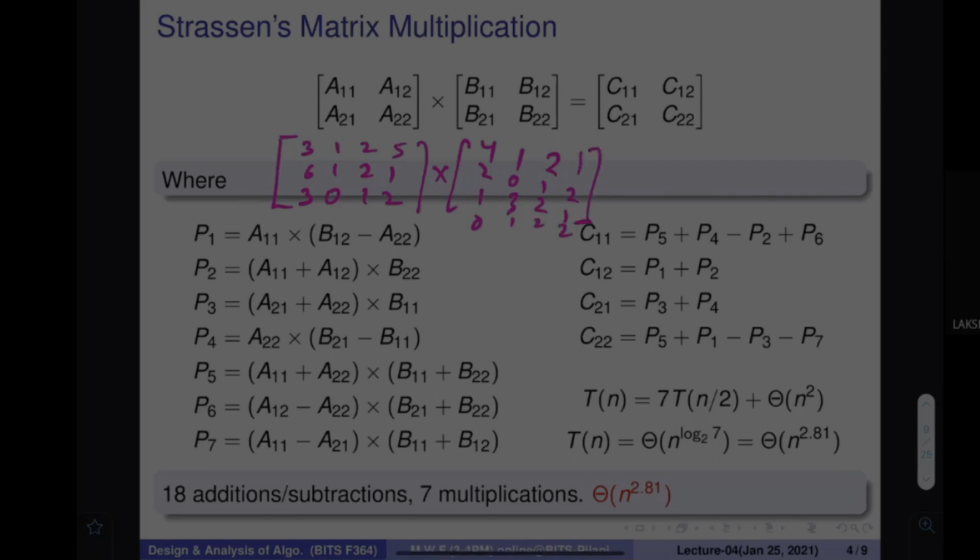You want to find the multiplication of these two, where a is equal to this and b is equal to this. Can you find the value of c using two methods? First, the usual method for matrix multiplication, and second, using the Strassen matrix multiplication. Is it doable or not?